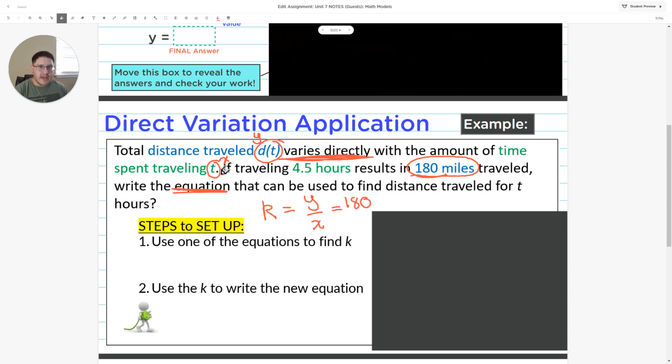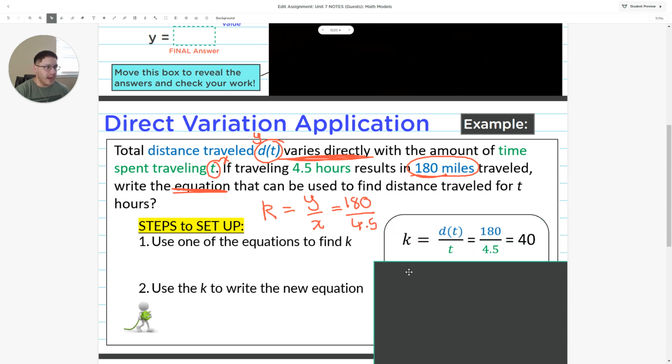X is t. T represents time spent traveling. So that's 4.5 hours. So we're going to divide this by 4.5. Now, do the math. 180 divided by 4.5 should give us 40. Therefore, k equals 40. The k, the constant of variation, is 40.